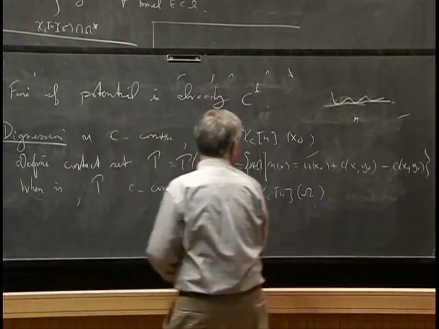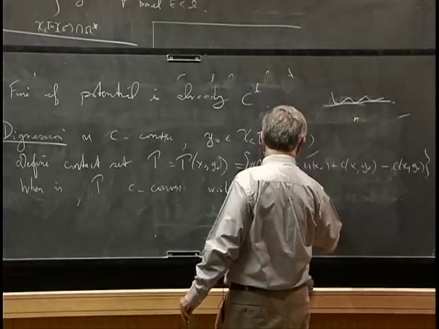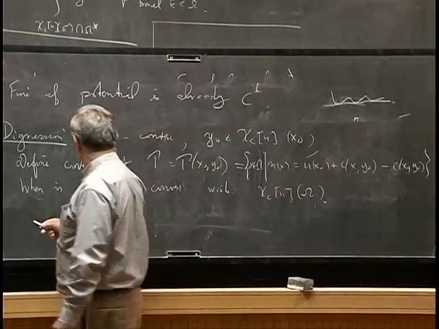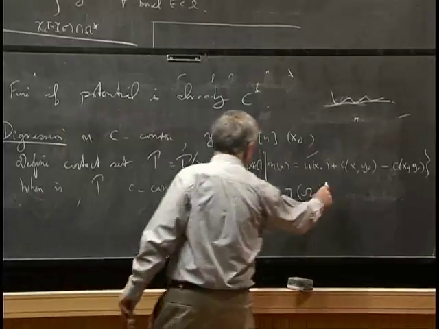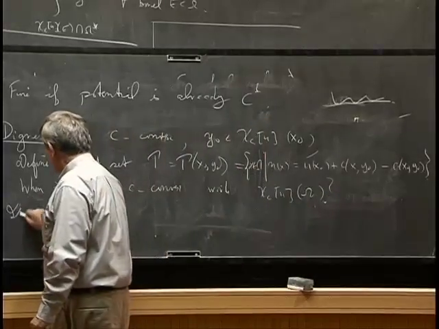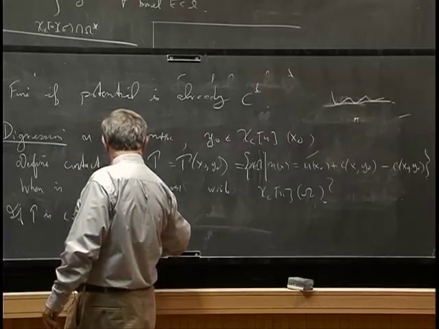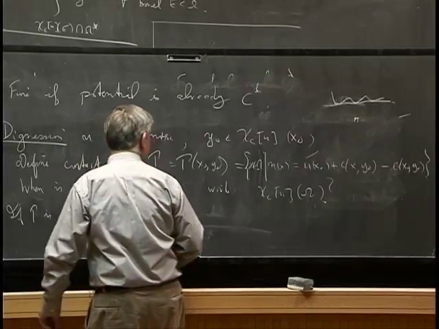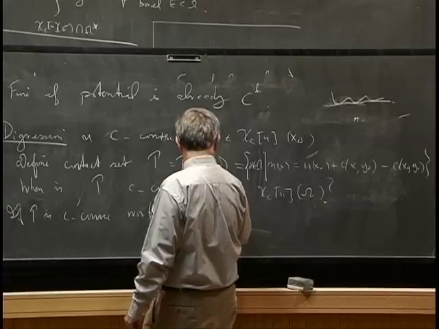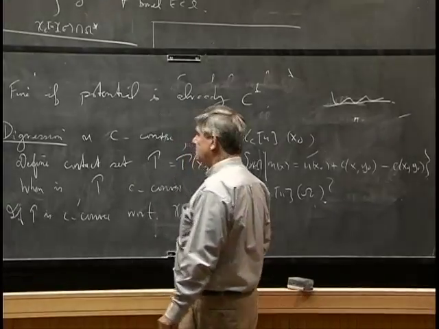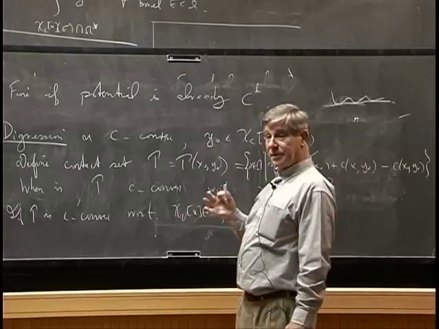And it's another question: if gamma is C-convex with respect to such y0, we get a very fast proof of C1 regularity.